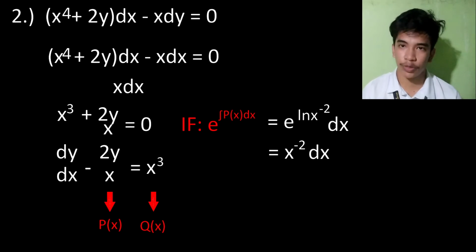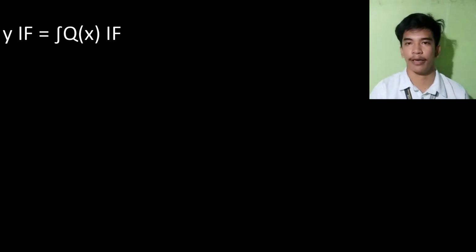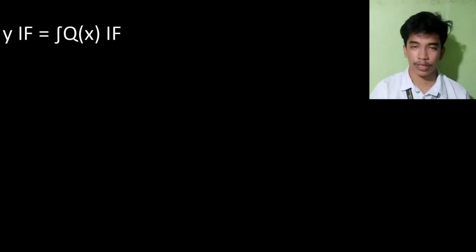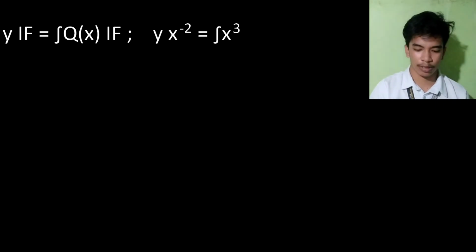And then, substitute na natin siya sa kanyang last form, which is y multiplied by the IF equals the integral of q of x multiplied by the IF. And then, next is substitute: y multiplied by x raised to the negative 2 power equals the integral of q of x. Ano yung q of x natin?